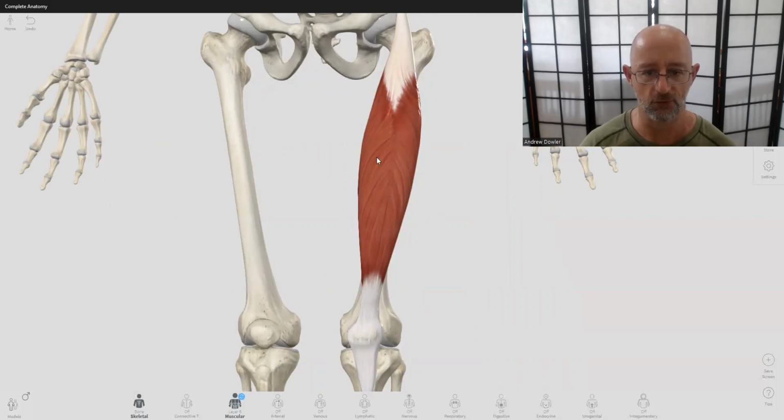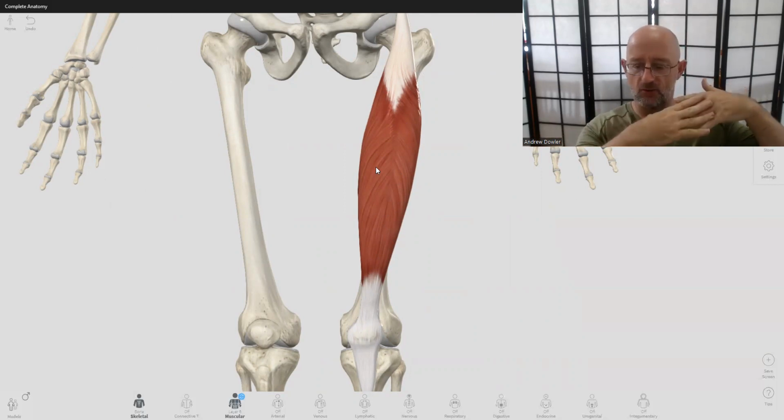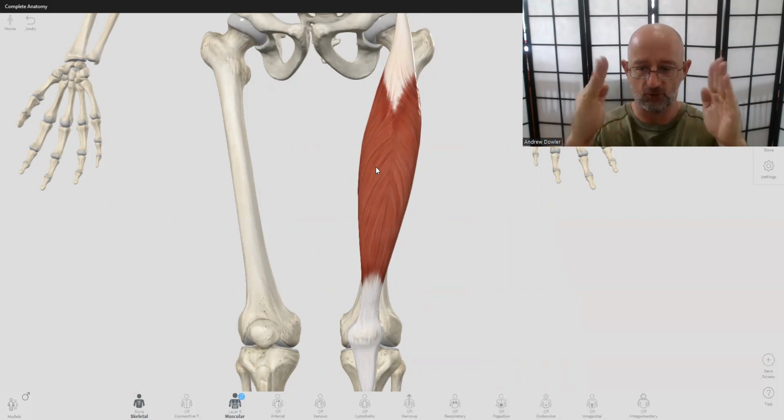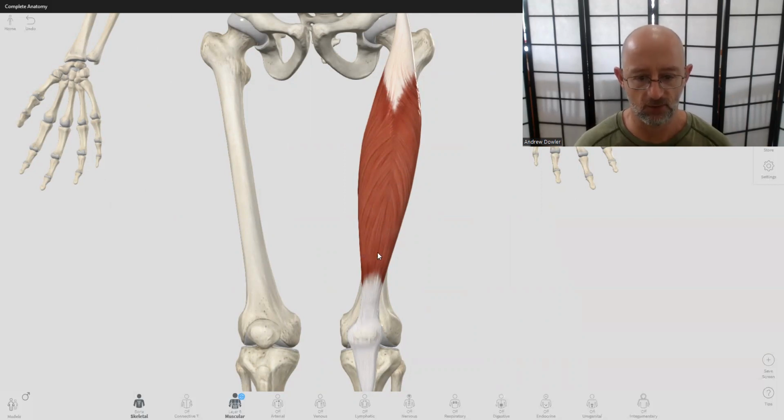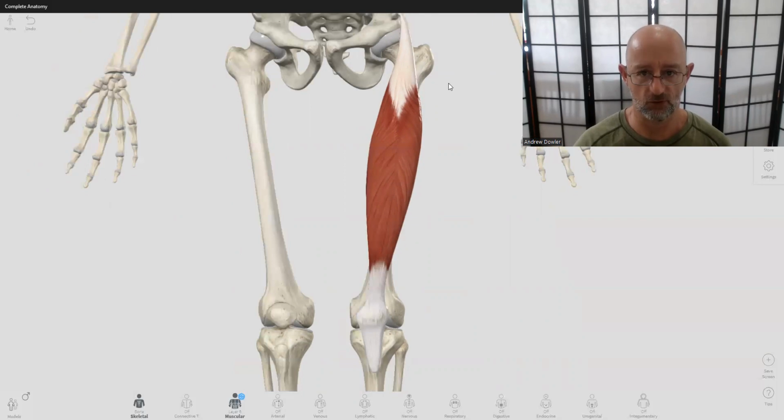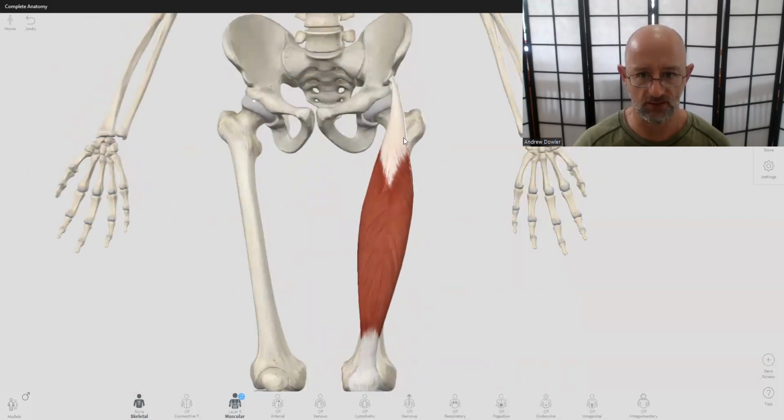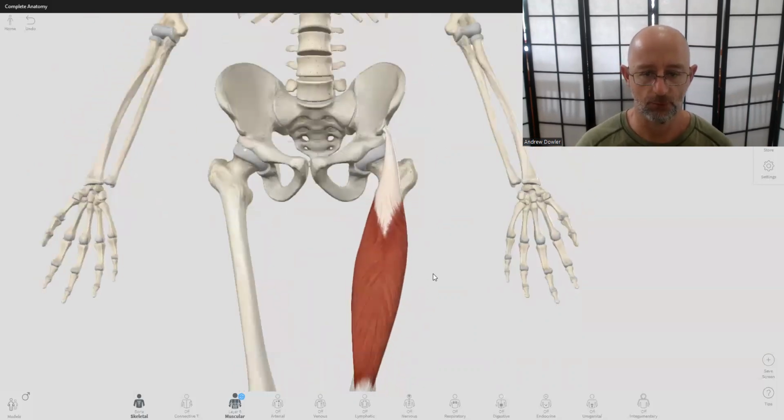Remember, when a muscle contracts, the fibers slide across each other in the sliding filament theory, and that creates a pulling action. So when the muscle fibers contract, they're going to pull. That's either going to create a pulling action on the knee from this direction up, or because it's attached on the pelvis, a pulling action coming down. We'll talk a bit more about that in a minute.